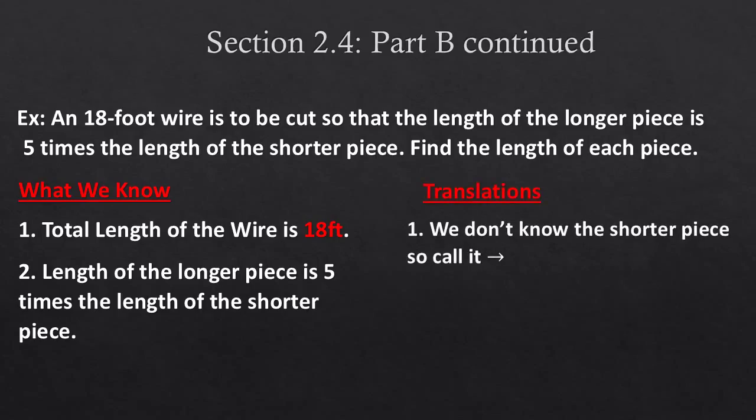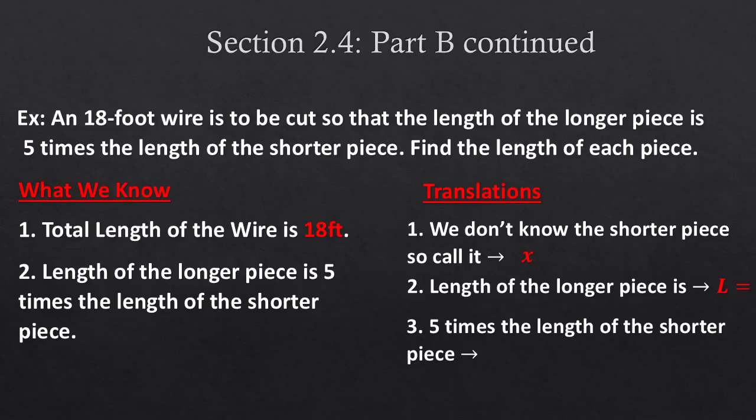Translation. We don't know what the shorter piece is, so we'll call that x. The length of the longer piece, we'll call it L. Now, 5 times the length of the shorter translates to mean 5 times x.